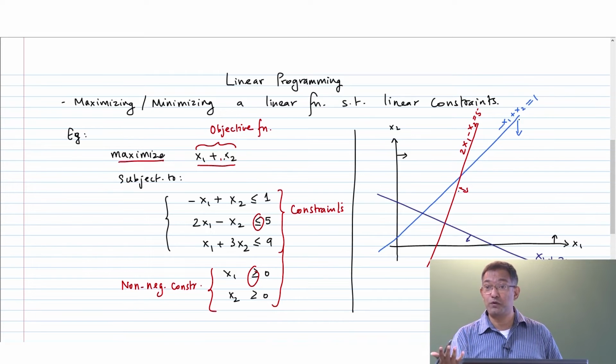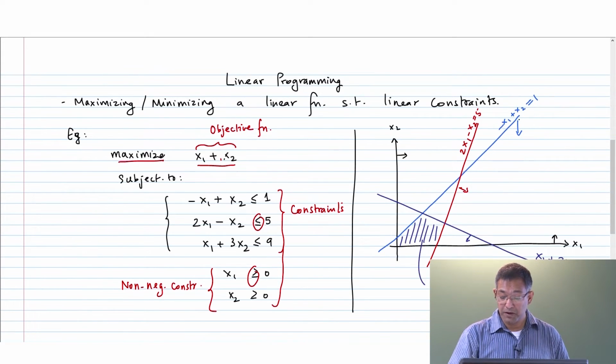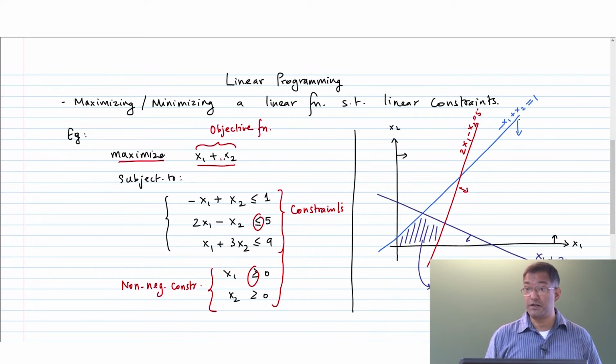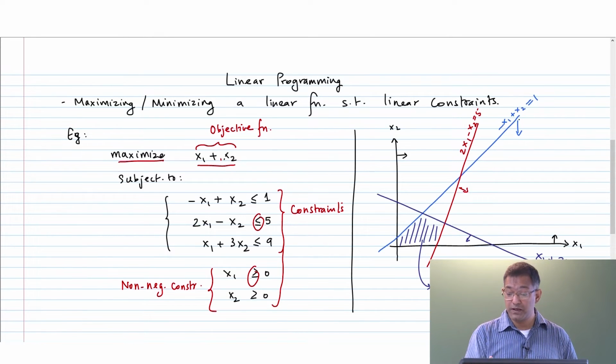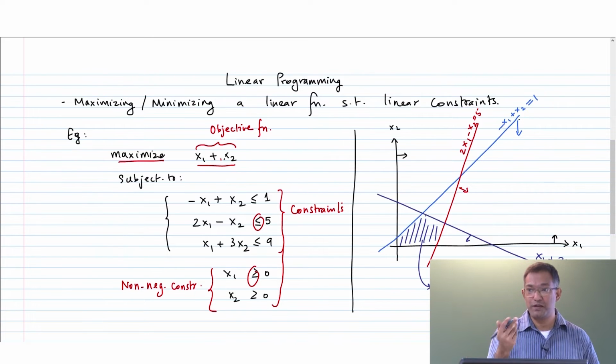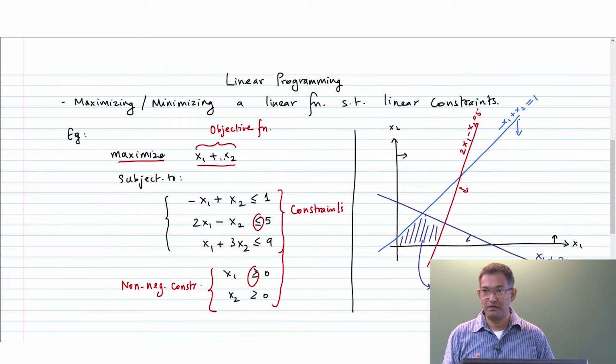So, it should lie in the intersection of all of these half spaces, which is this region. Okay. And this is called the feasible region. The set of points x1 and x2 that satisfy all of these inequalities simultaneously is the intersection of these half spaces, which is a convex set, as you have seen in the previous lecture. Okay.